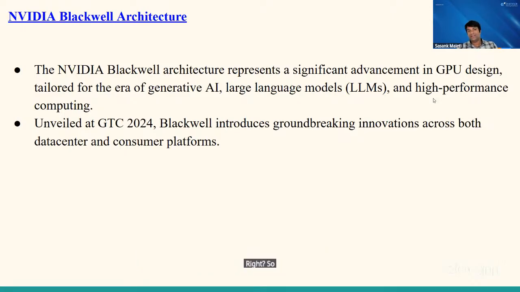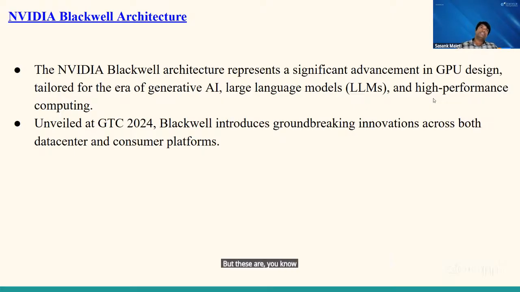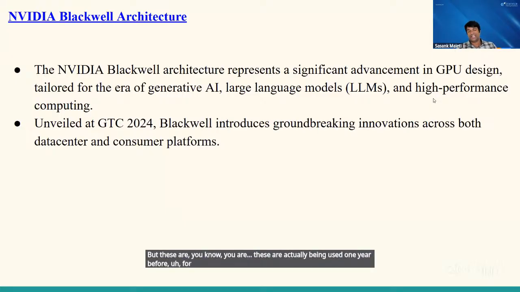This architecture was launched last year, but the era of generative AI using Blackwell for common people has been launched this year with the new RTX 50 series GPUs by Nvidia. But these were actually being used 1 year before for supercomputers, right? Already using this for LLM models, generative AI and high performance computing.